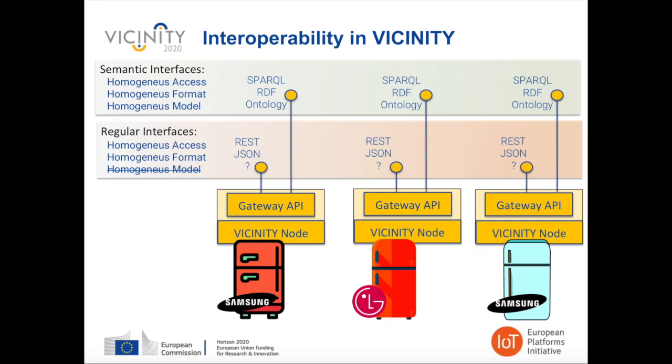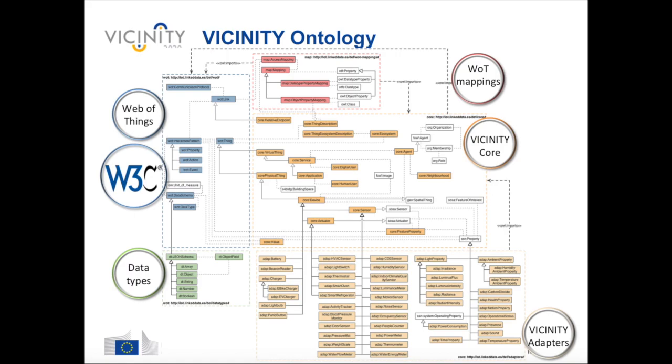Now, here you can see an overview of the Vicinity ontology. It has mainly 5 components. The first one is the ontology of the Web of Things based on the W3C standard, which is used to describe the different types of sensor or services in Vicinity. Then we have the data types ontology that allows to define types of data.